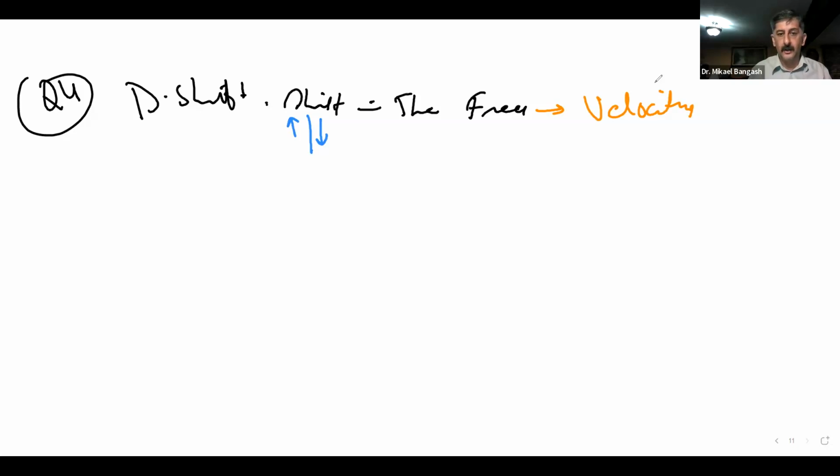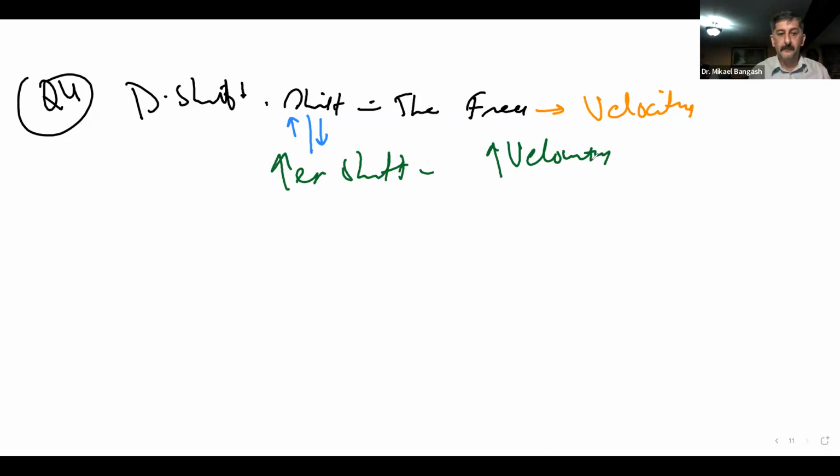And as I said earlier, a greater shift means higher velocity.